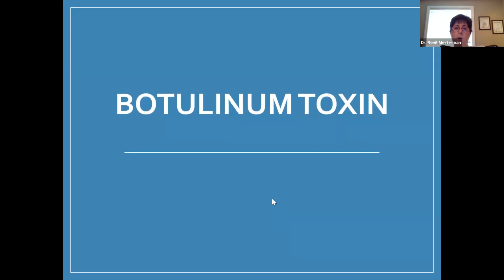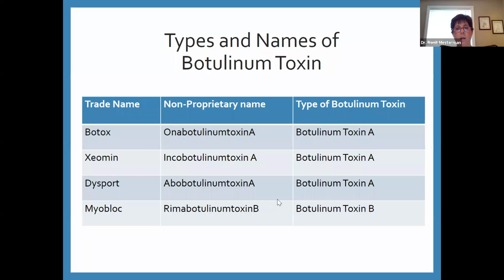Now we'll go away from our oral medications and talk about botulinum toxin injections. This is currently the most frequently used intervention for children with CP. Depending where you practice, you might come across different types of botulinum toxin.